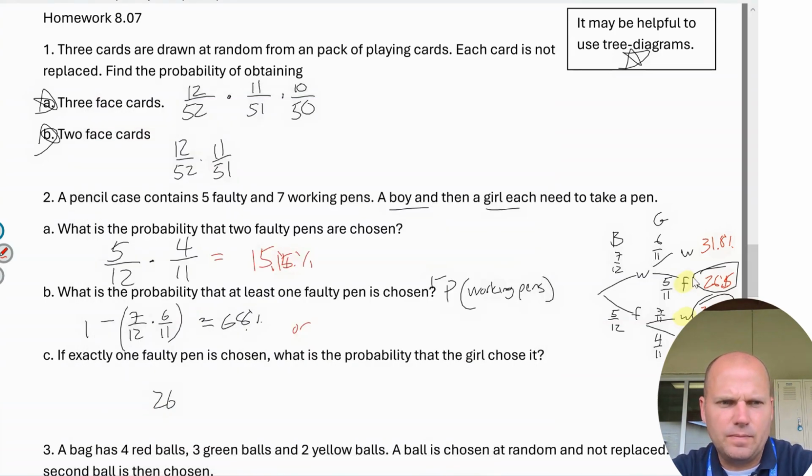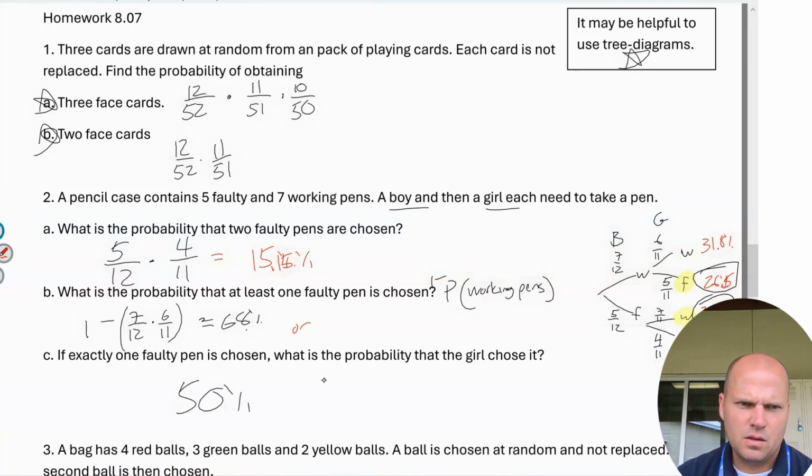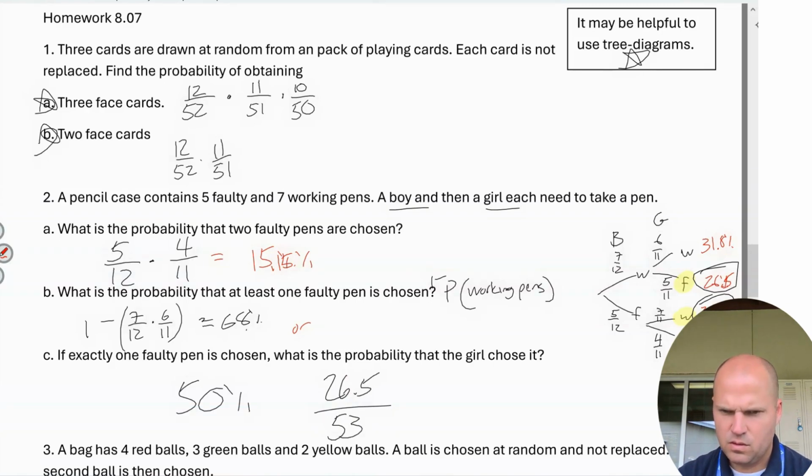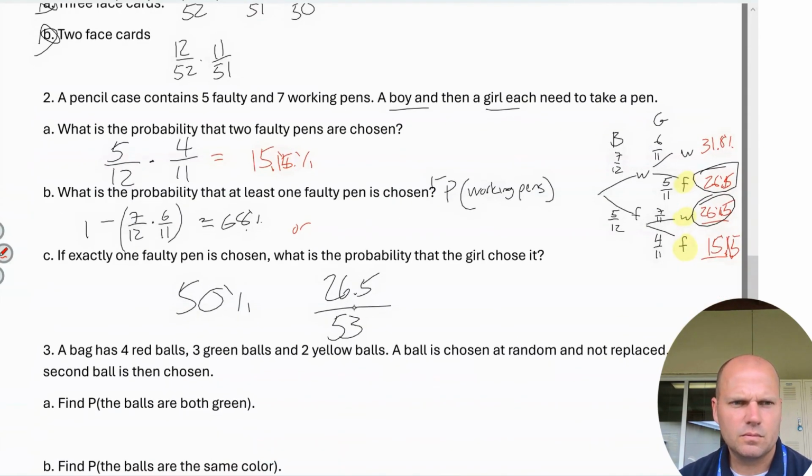But the girl chose it half of the time because she chose it 26.5%. The boy chose it 26.5% of the time, if one faulty. So 50%. I don't know if that's correct or not, but if exactly one faulty pen was chosen.